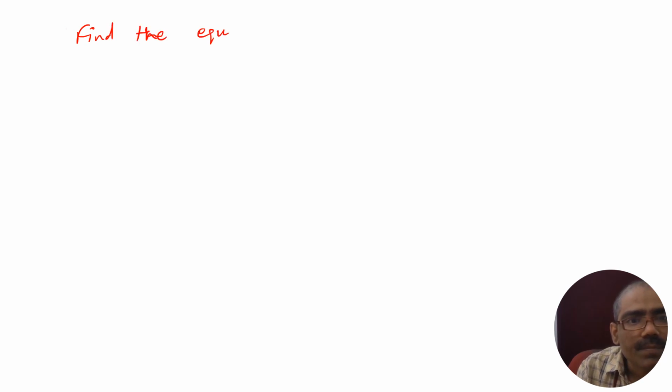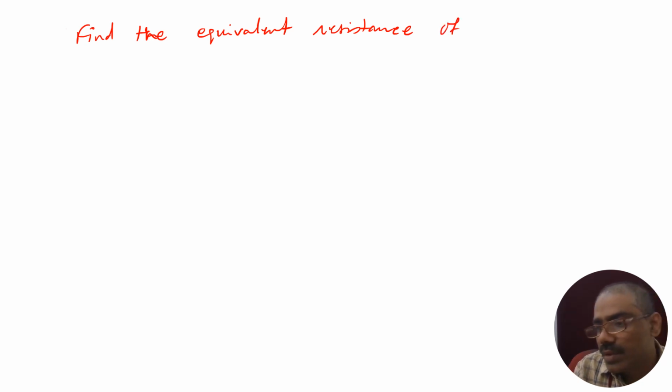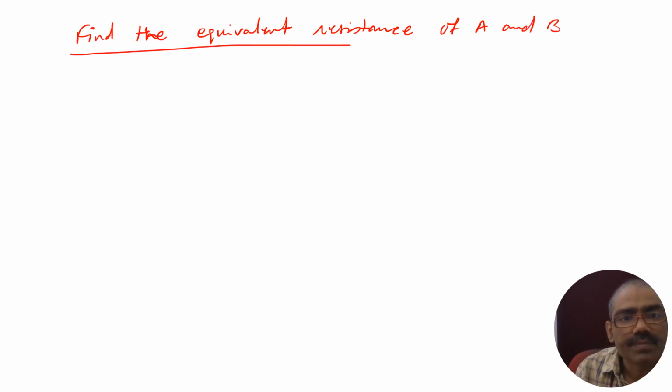So here I am taking one example: find the equivalent resistance of A and B, and we have this circuit.